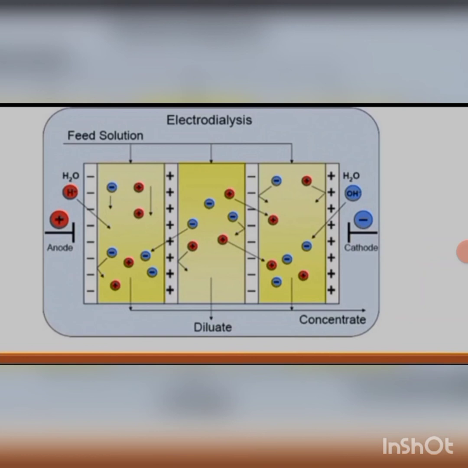Similarly, negative ions are also allowed to pass through these positive membranes. From the middle compartment, we get water with a lesser amount of salt or without any salt. From the other side of the central compartment, we get concentrate, that is water with more salt.